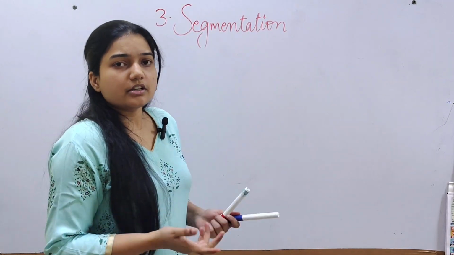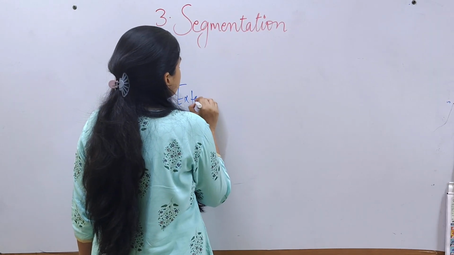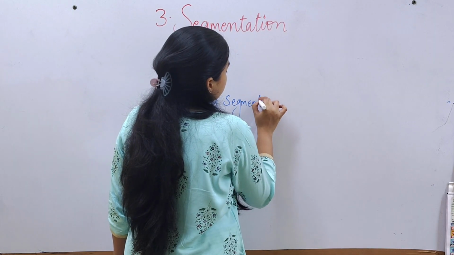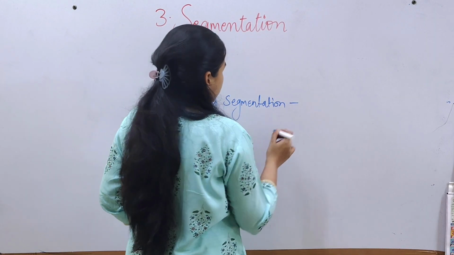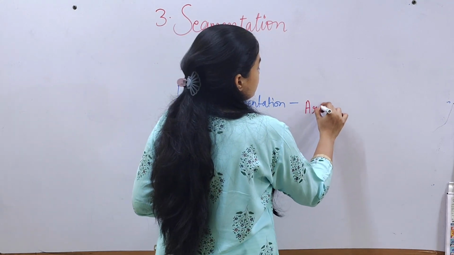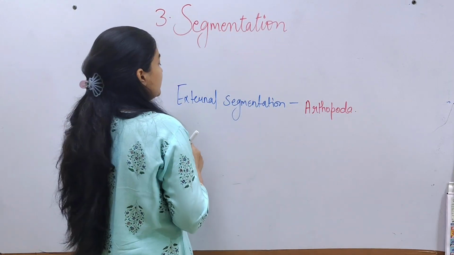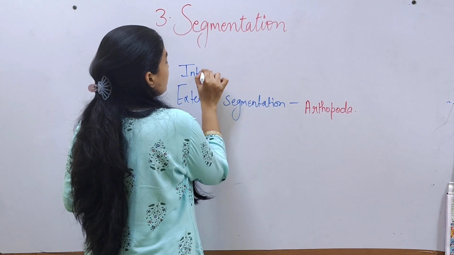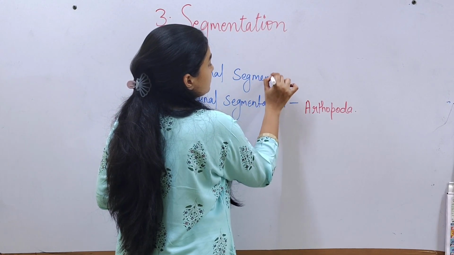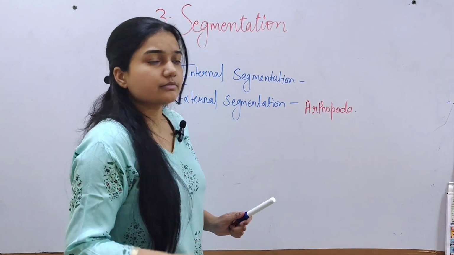Now the examples of the external and internal segmentation. External segmentation is found in Arthropoda, and internal segmentation is found in Chordata.